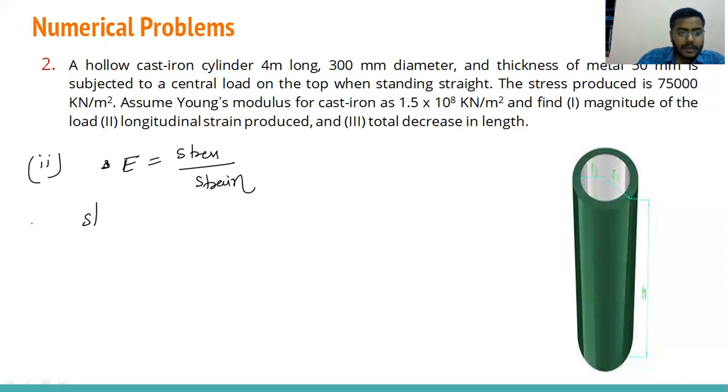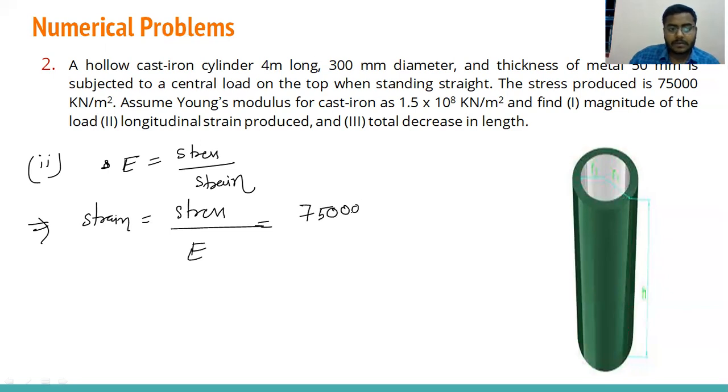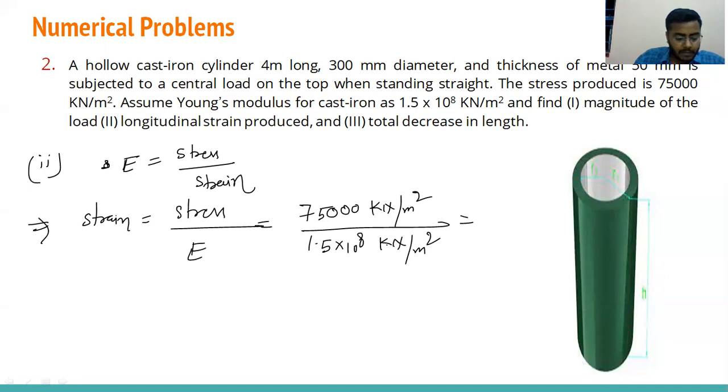So strain is stress divided by E. Stress is given 75,000 kilonewton per meter square divided by E, given 1.5 into 10 to the power 8 kilonewton per meter square. We calculate and we get the value 0.0005. What will be the unit of this strain? Nothing, because strain is a unitless quantity.